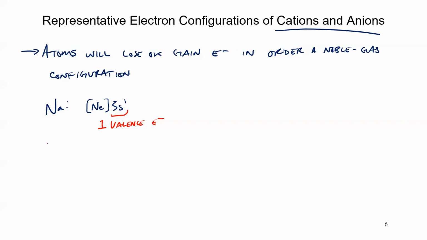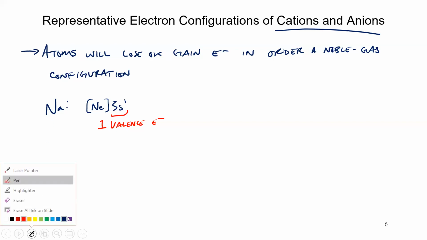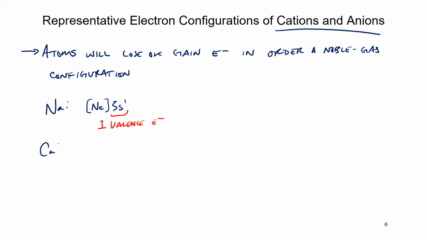If we take a look at calcium, calcium is argon 4s2. It's got 2 valence electrons.